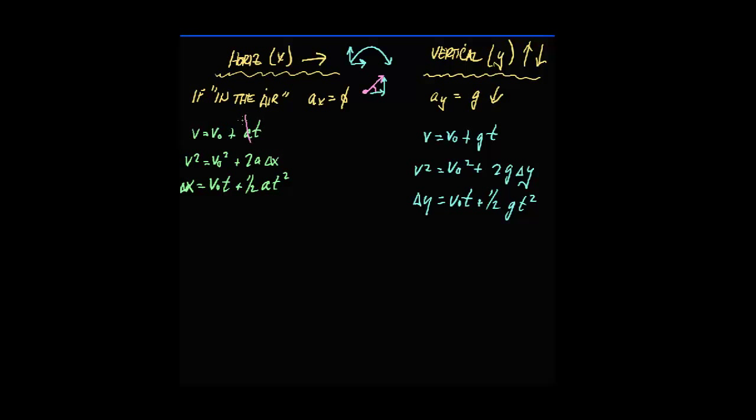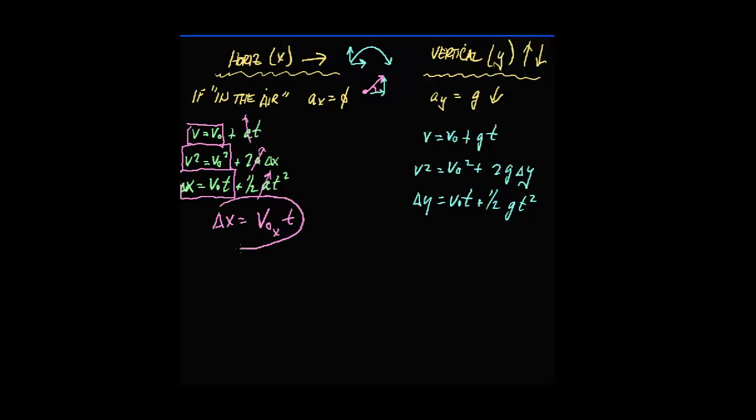So if I go through all these equations and make acceleration zero, they reduce to v equals v0, final equals initial, final squared equals initial squared, and distance equals initial velocity in the x direction times time that's in the air.